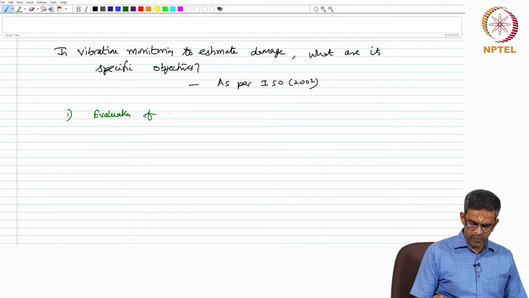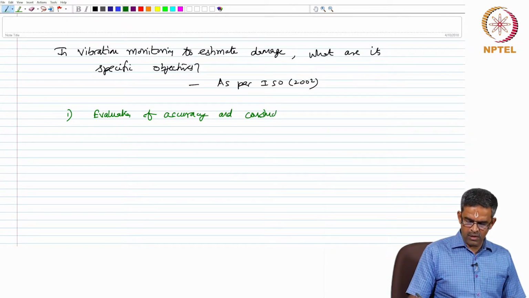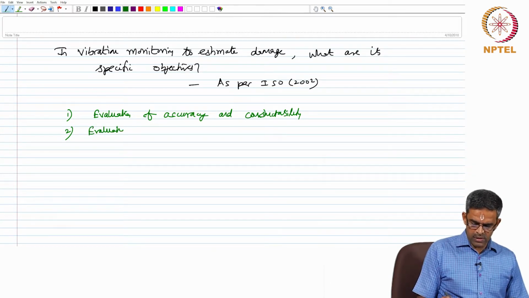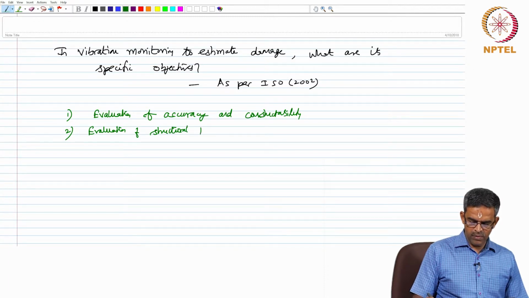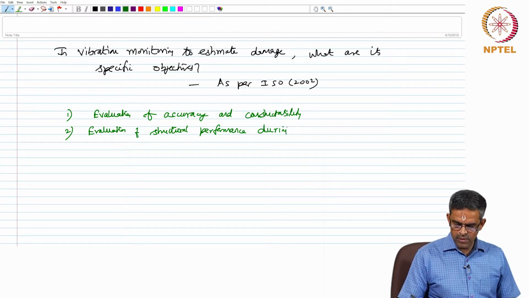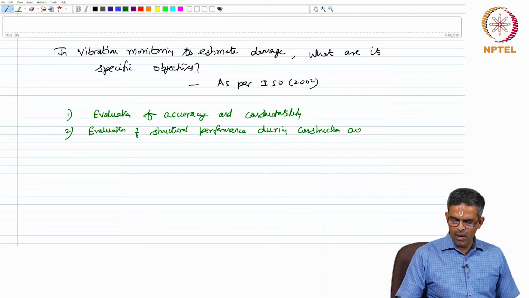evaluation of accuracy and constructability, evaluation of structural performance, during construction and upon completion.